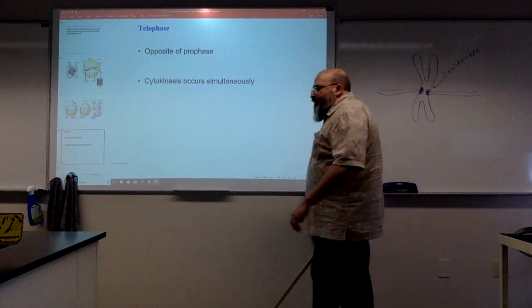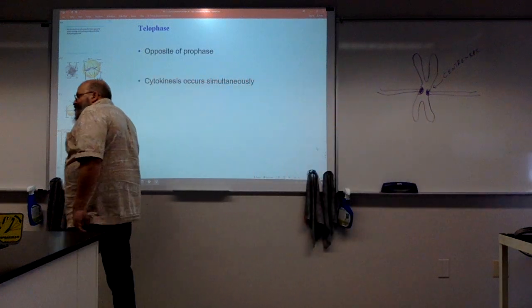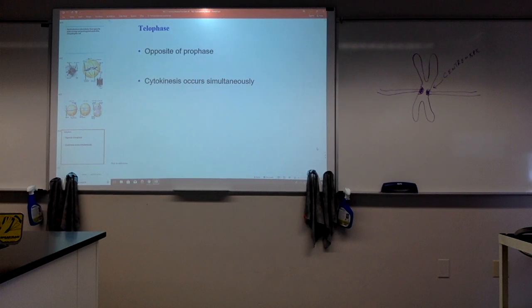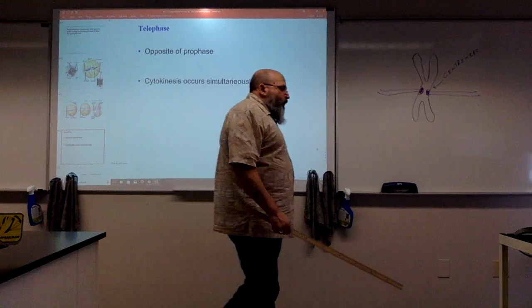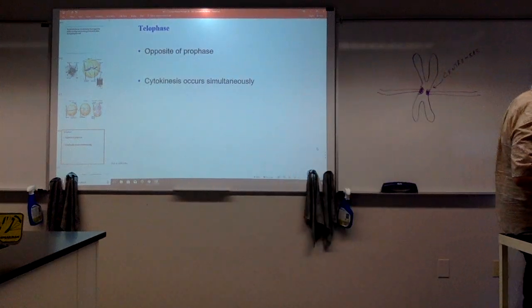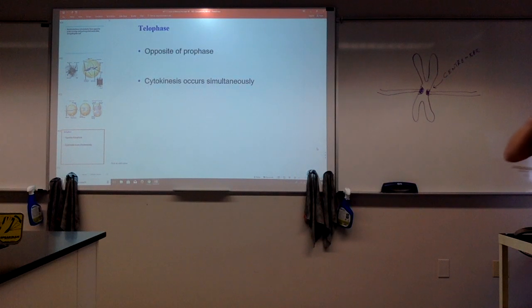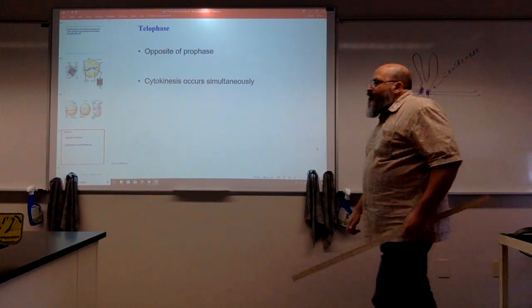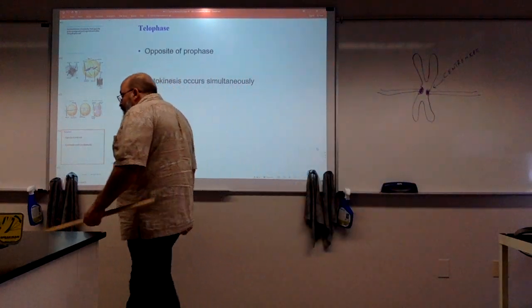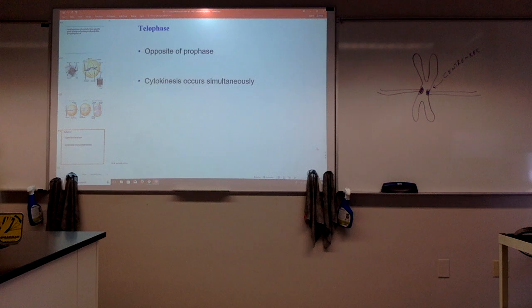Telophase is the opposite of prophase. So if you know what is happening during prophase, then you just reverse it, and that's what happens during telophase. So for example, I could have as an event, the nuclear membrane reforms, and you would select telophase, okay?